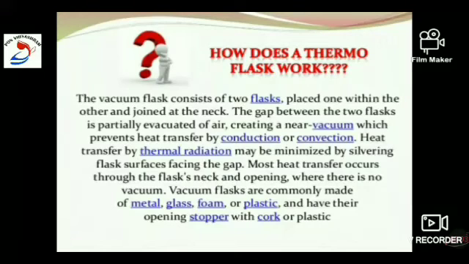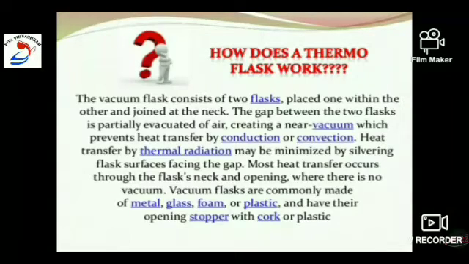How does a Thermos flask work? A vacuum flask consists of two flasks placed one within the other and joined at the neck. The gap between the two flasks is partially evacuated of air, creating a near vacuum which prevents heat transfer by conduction and convection.